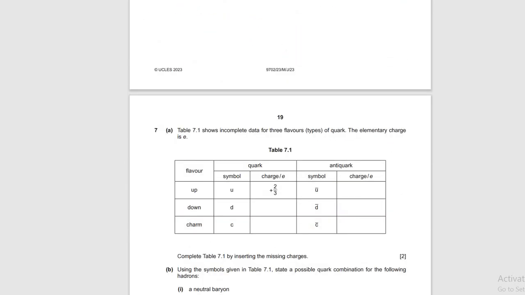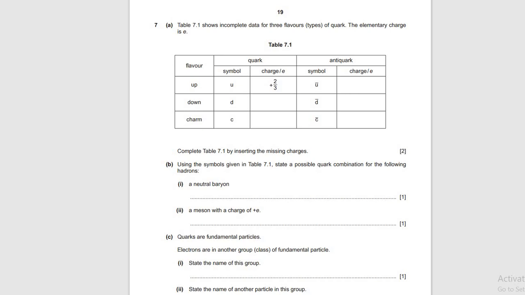Next question, which is the last question, number 7. Now, figure 7.1 shows incomplete data for 3 flavors of quark. Elementary charge is E. Now, up quark is +2/3. So the antiquark of this will be what? This is down quark. You know, down quark is always -1/3E.